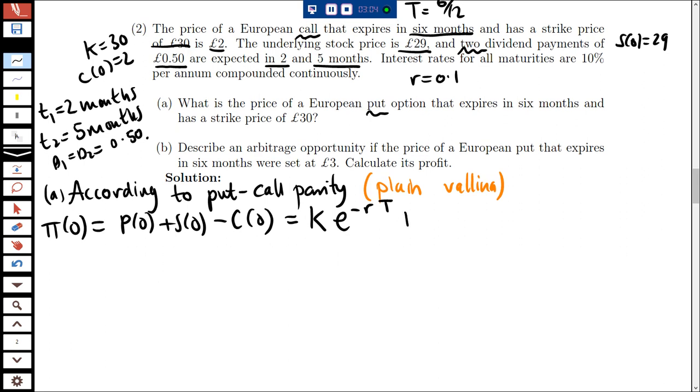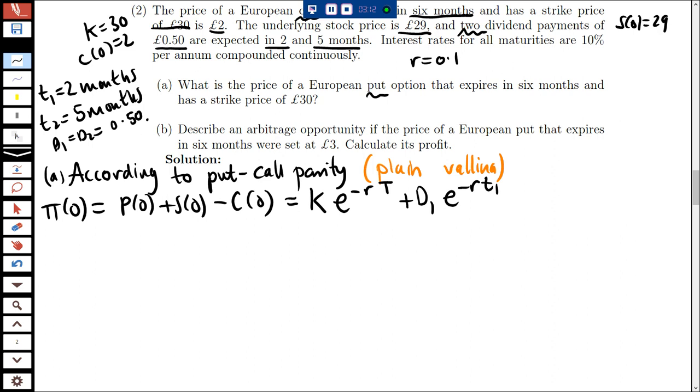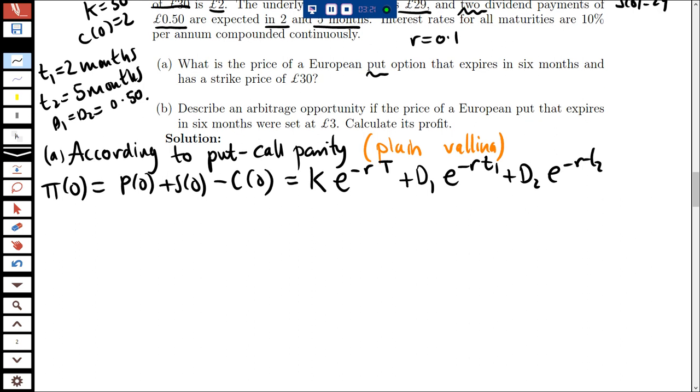So we're going to take the first dividend and we're going to discount it to T equals 0, present value. And we're going to do the same with the second dividend. So we're comparing like for like. We're comparing all the cash flows or theoretical cash flows at the same point in time.